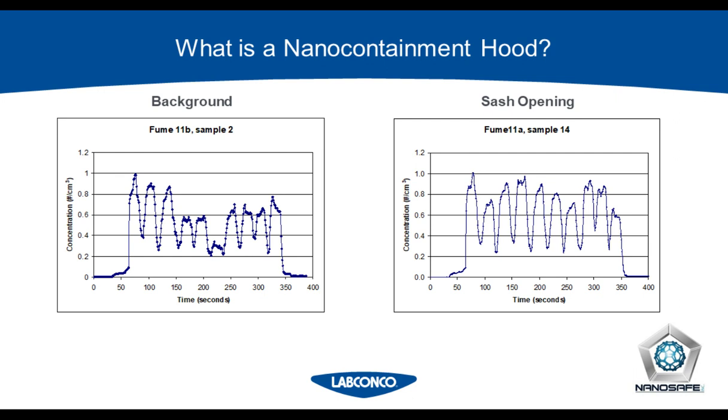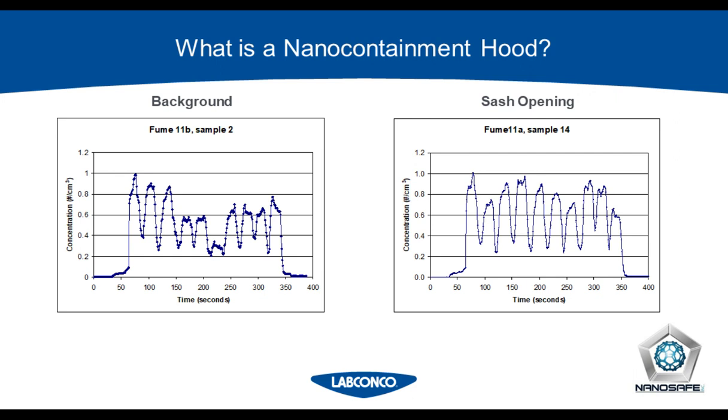That's good to see, but we want to know how well this hood contains. So we can look at the number of particles per cubic centimeter on the outside of the hood as well. Here's some data representative of what was measured outside of the hood, both in the background and also at the sash opening, right where you're breathing. Obviously, you want to make sure that whatever you're doing is not coming out of the hood where you're breathing.